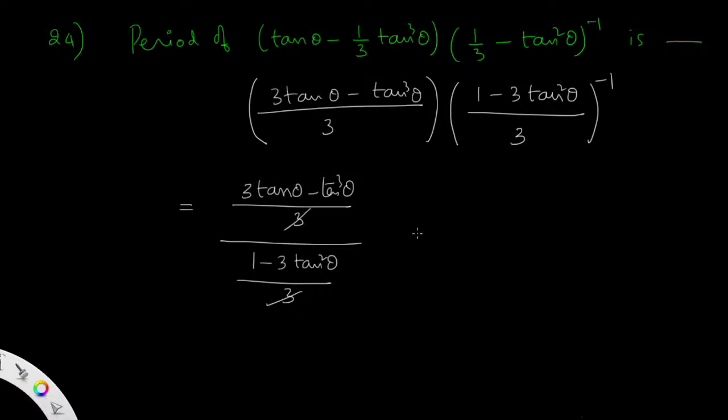Then 3 cancel, then you get 3 tan theta minus tan cube theta divided by 1 minus 3 tan square theta, which is the tan 3 theta formula.